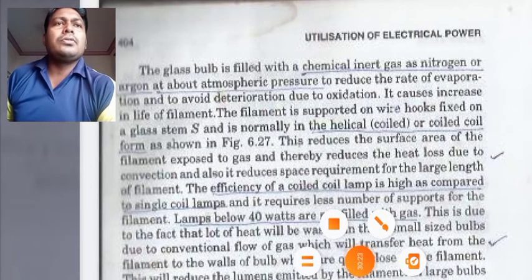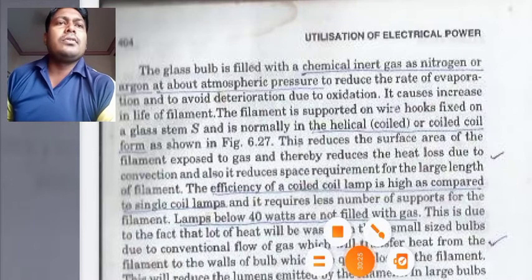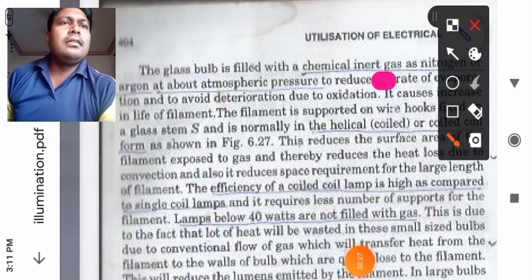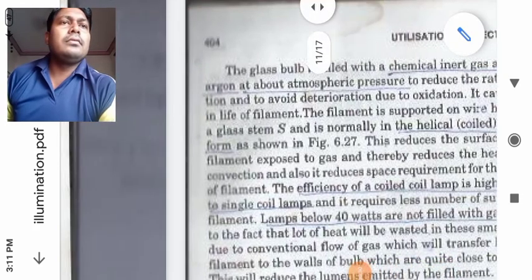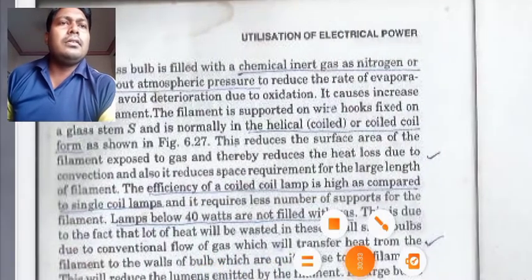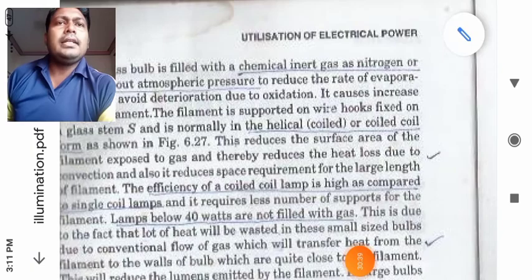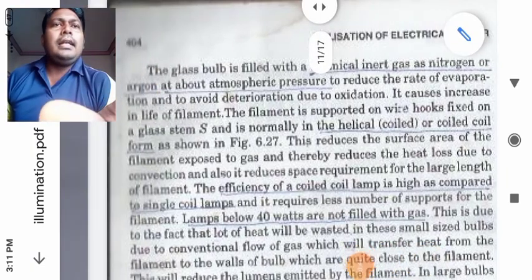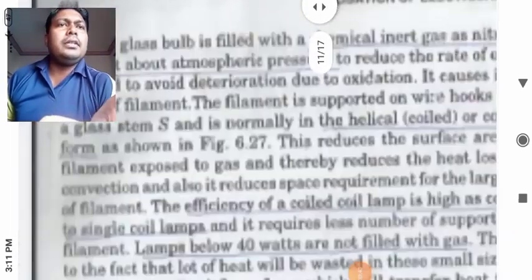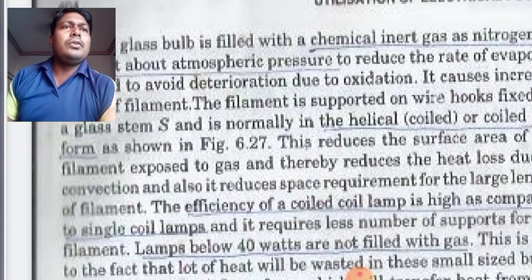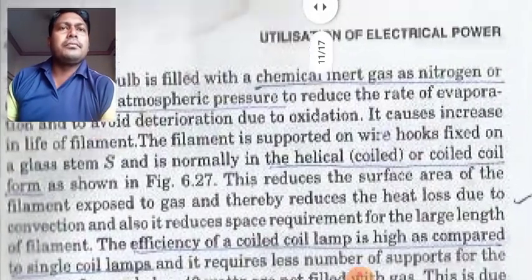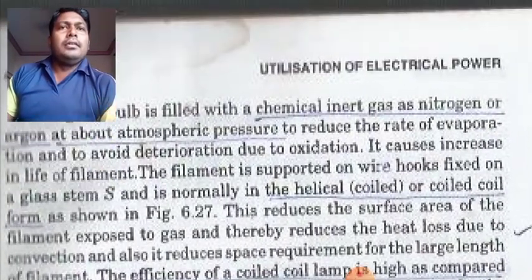So you have to remember, students, the gas used inside here is nitrogen or argon, right? At about atmospheric pressure to reduce the rate of evaporation and to avoid deterioration due to oxidation.